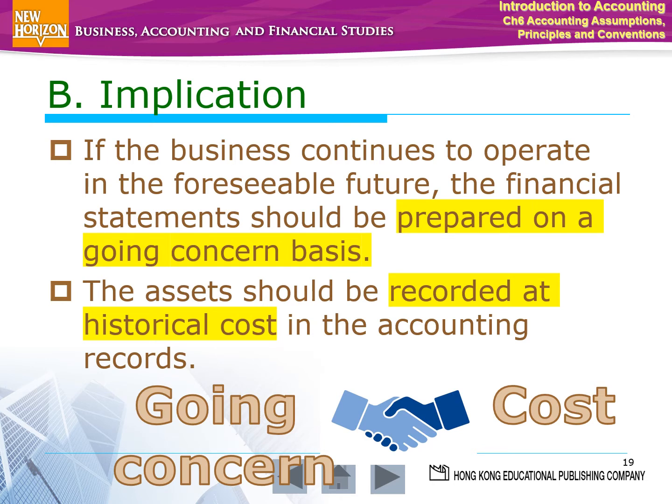Once we adopt the going concern concept, assuming the business will continue to operate in the foreseeable future, the assets should be valued at the historical cost in the records, in the statement of financial position, instead of making use of their market value now.